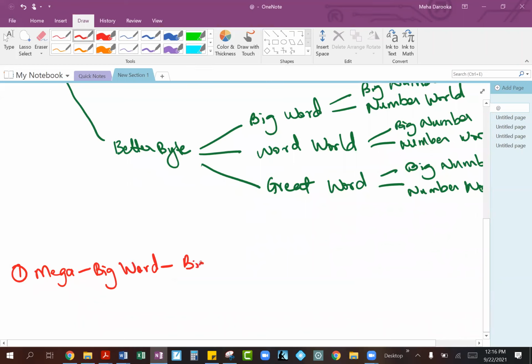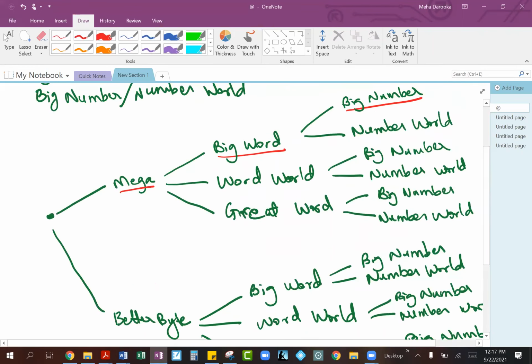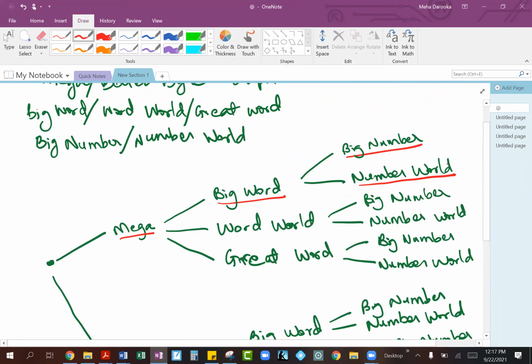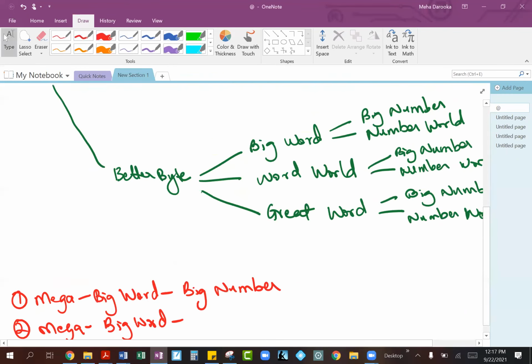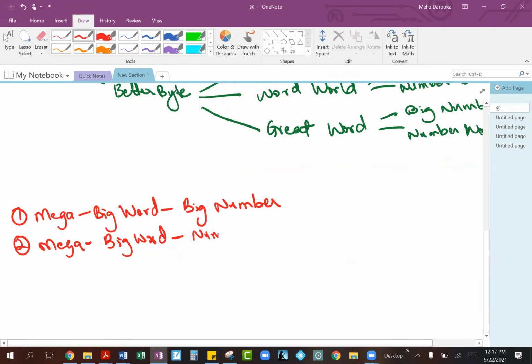So that would be one option. Then for the second one, we would still stay with Mega. We would still stay with Big Word. But then for the second spreadsheet software, you would pick Number World over here. So you can see this creates a different possibility.